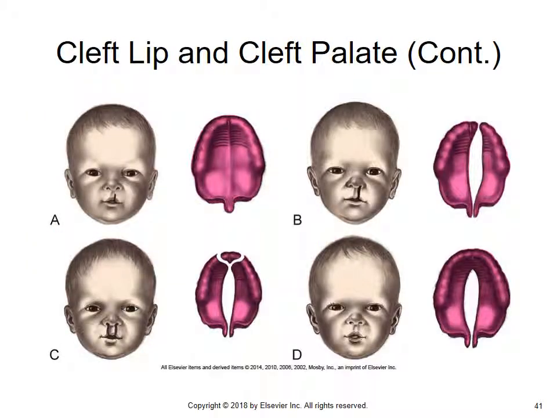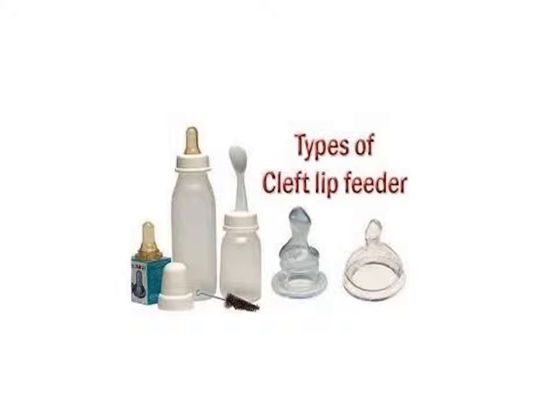So here we have our illustrations of the infants with the different degrees of cleft lip, and then we have the illustrations of the normal palate and the different types of cleft palate. There are special nipples to go with different kinds, and here are a few of them.